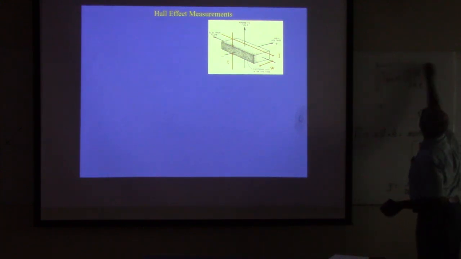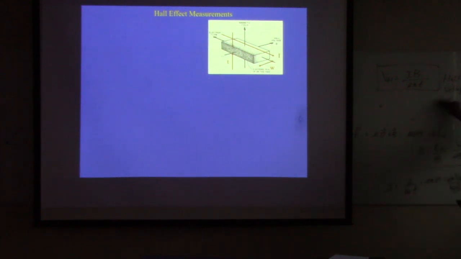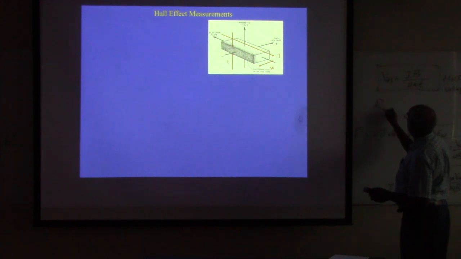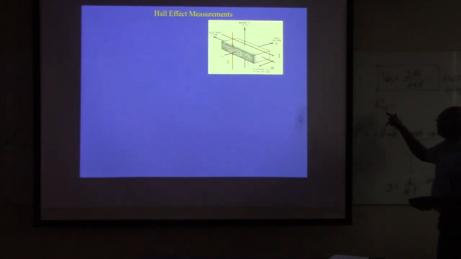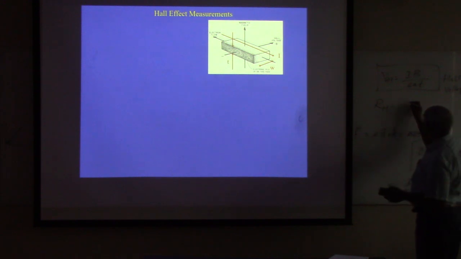This is called the Hall voltage. Also, we define something called R_H. It is called the Hall coefficient. So that is defined as the Hall field divided by that J times your magnetic field.